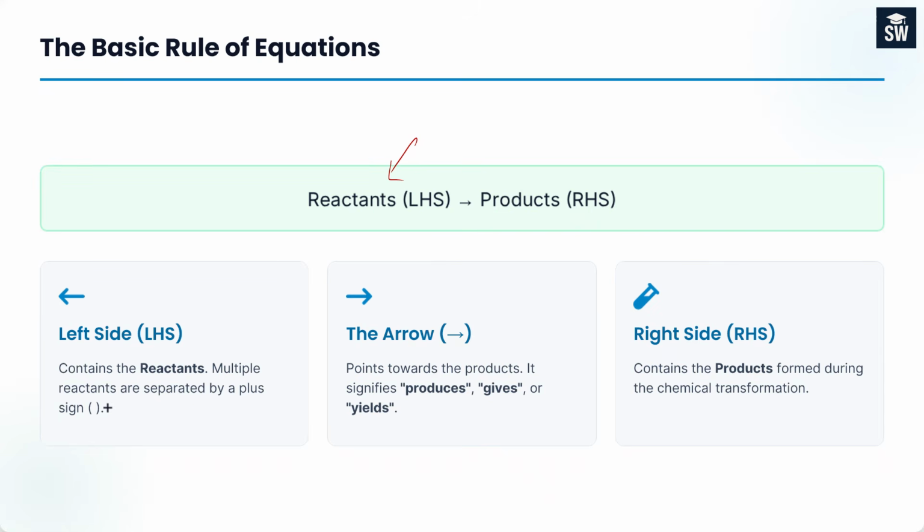Number one, the LHS must be reactants and the RHS must be products. जो रिएक्शन रिएक्ट कर रहे हैं उसको हम रिएक्टेंट्स बोलेंगे, एंड जो फॉर्म हो रहा है उसको हम प्रोडक्ट बोलेंगे। नाउ दिस वन लेफ्ट हैंड साइड, अगर टू और मोर सब्सटेंसेस ऐड होते हैं तो हम प्लस साइन यूज करते हैं, and the arrow, this particular arrow, gives or produces or yields, ऐसा हम यूज करते हैं, and right hand side product.